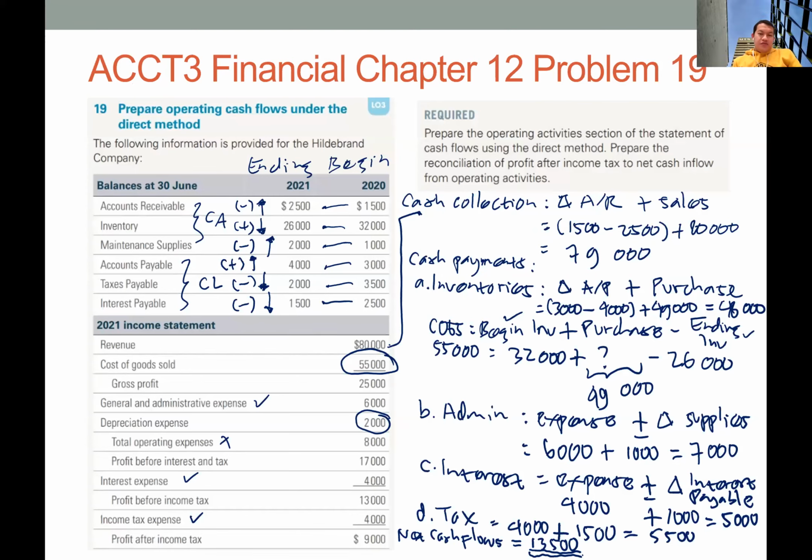No, if we use that method, first we remove the effect of accruals, and then we identify what happened with the current assets and liabilities, because they are the working capital that we should report in the operating section. Did you also use the accounts receivable? Yeah. We will minus this because this is increasing, so the cash should be decreasing, right? Because of this increase.